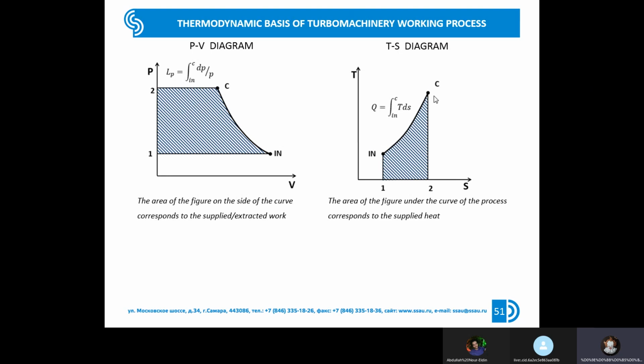It's the line in C. The area under the curve is equal to the specific heat which we are supplying or extracting during the process. So these are two important moments which we need to extract from our memory before we discuss the thermodynamic processes in the turbomachinery. So it's clear, yes? Perfect.